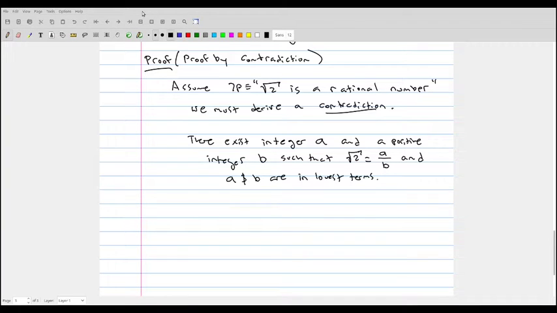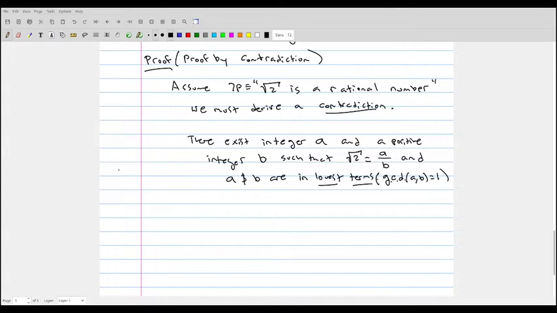What lowest terms means is that the greatest common divisor of these two integers is 1. Simply put, you should hopefully remember this from a high school or even grade school mathematics course.